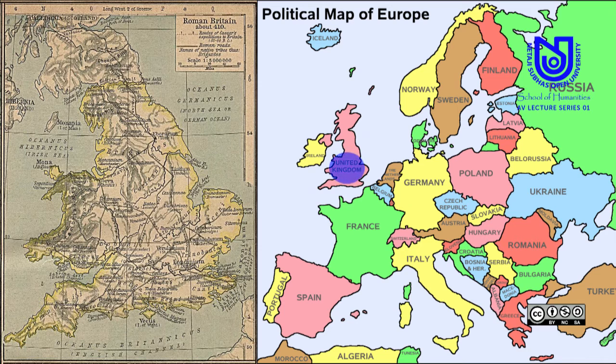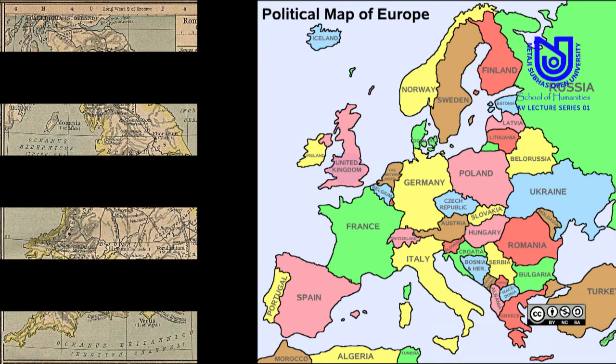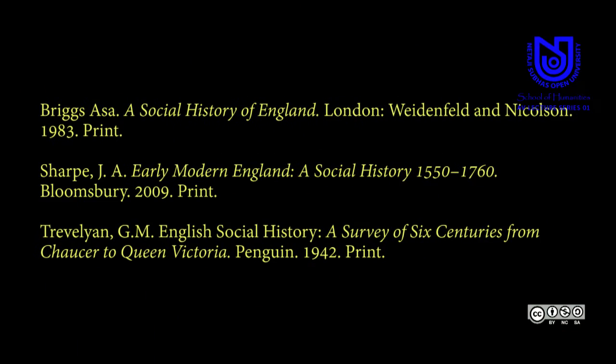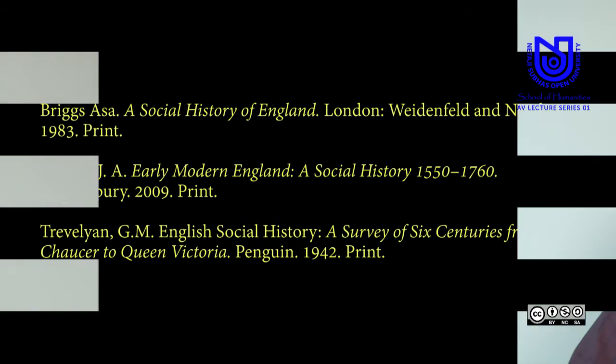I would also advise you to go through the social and cultural history of Britain to develop a comprehensive understanding of its literature. Here you have a few quick references, very basic texts, very seminal texts, and easily available ones too, that would give you a better picture.